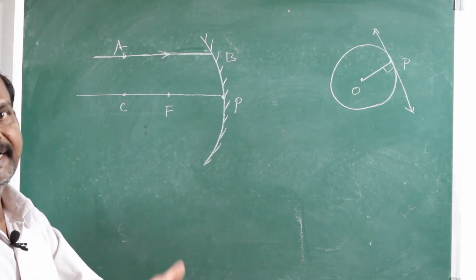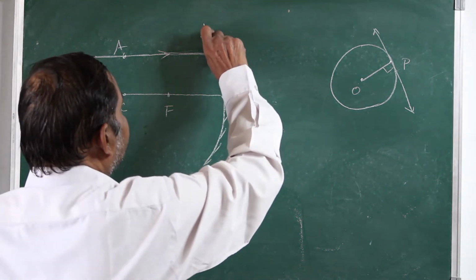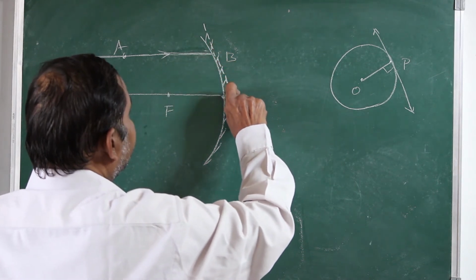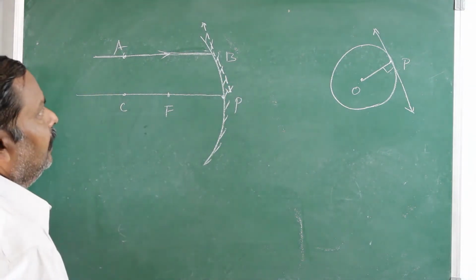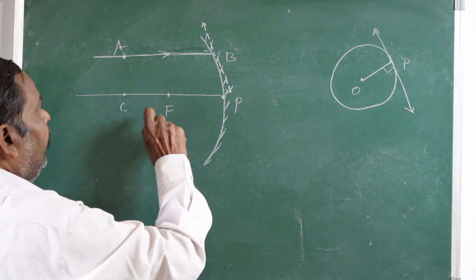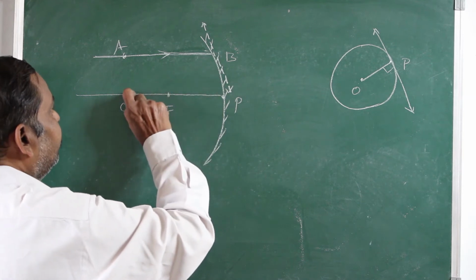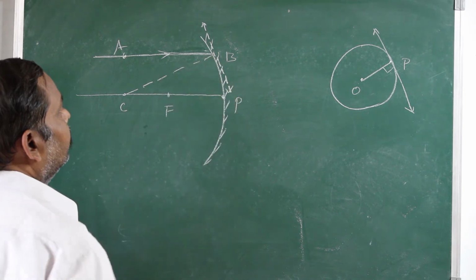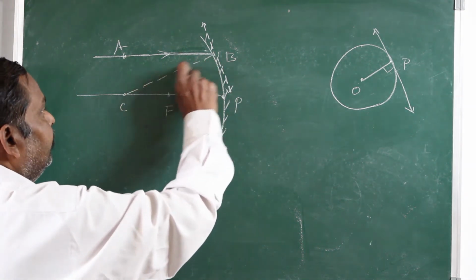This is the tangential plane assumed at the point of contact B. And of course the line joining the center to the point on the surface is nothing but the radius, and this is the normal.